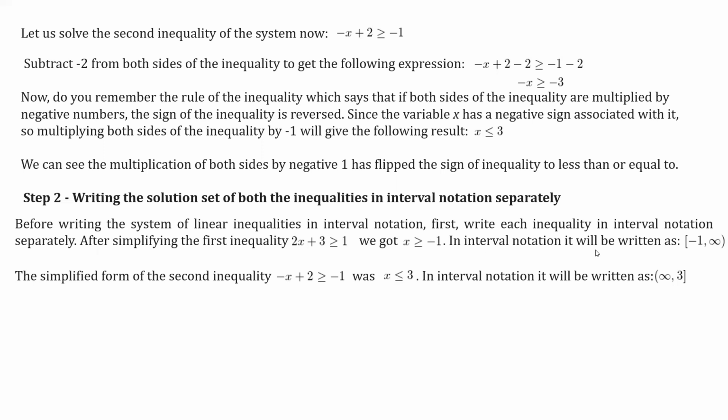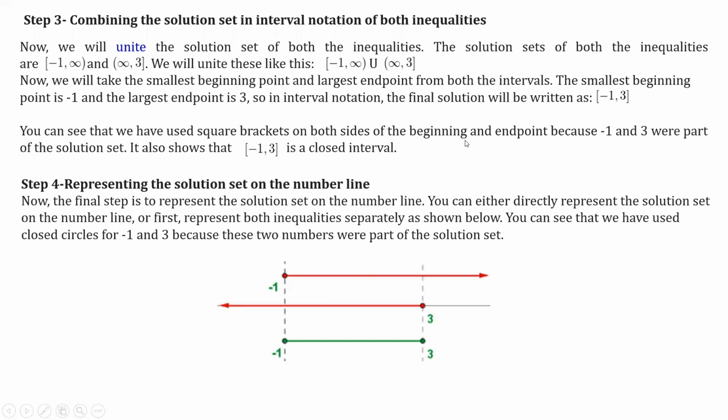In the interval notation, it will be written as from -1, including -1, to infinity. We got the simplified second inequality, and in the interval notation it will be written as from -infinity to 3, including 3.